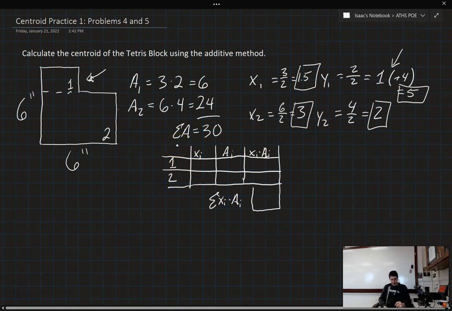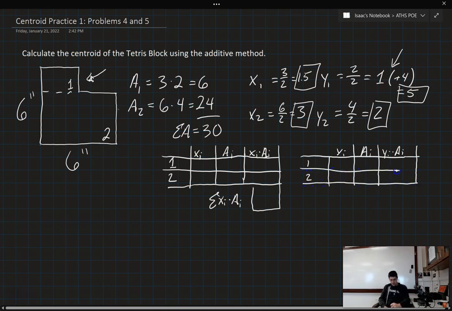I'm going to do the same thing for the y direction. So I'm going to make a 1 and a 2. Put my yi here, my ai here, and my yi times ai here. And then at the bottom, we'll calculate sigma yi ai.